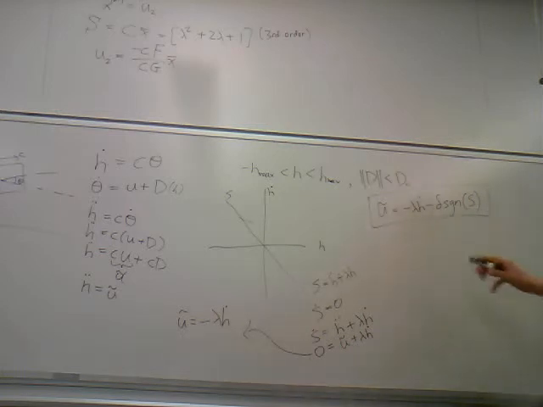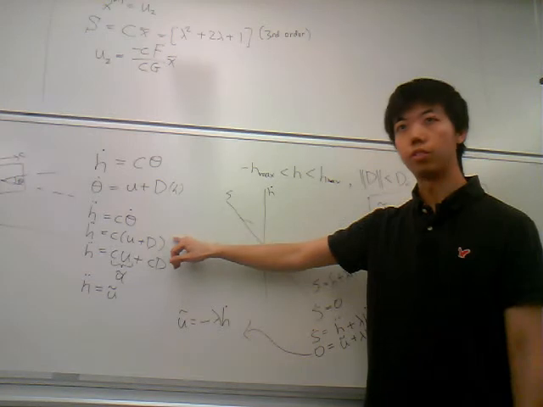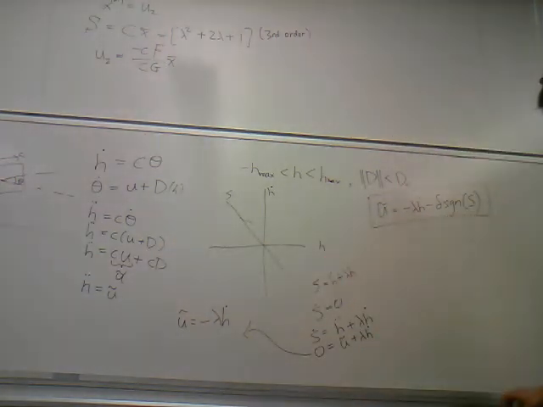So what does delta have to be? How can we prove that this controller is stable with our real plant that's over here? So let's see.